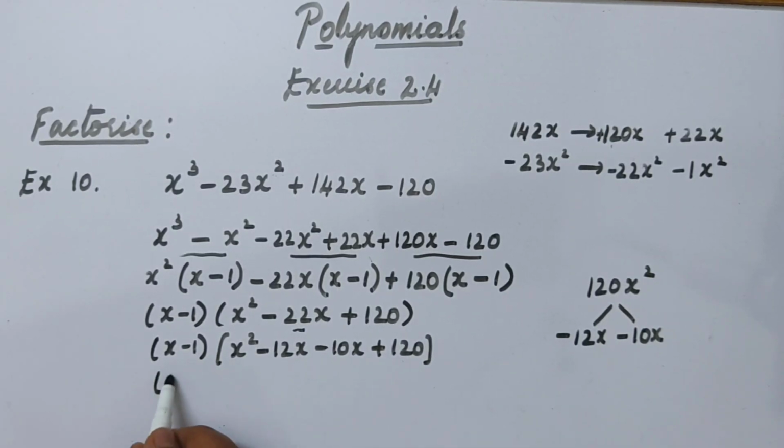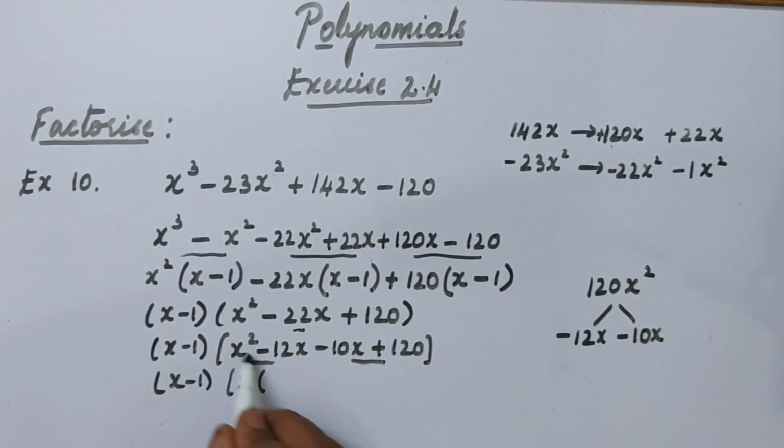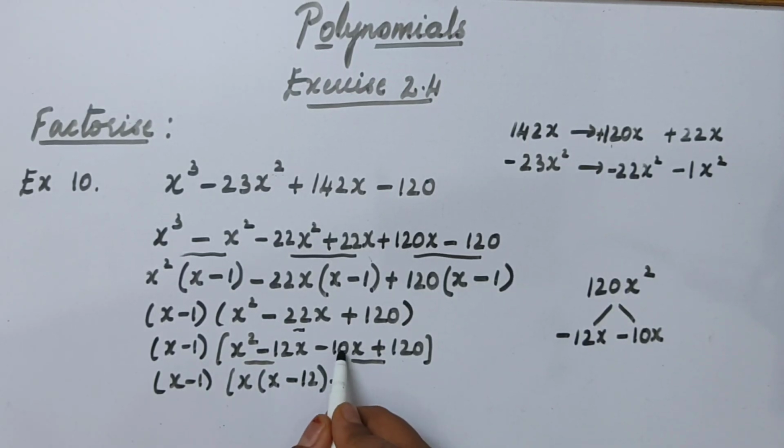Okay, now this is x minus 1 and here, in these two and in these two, what is common? X is common here. So one more x is left over, minus x gets cancelled, 12 is left over, minus 10 and 120, the factors, it goes in the 10 table.